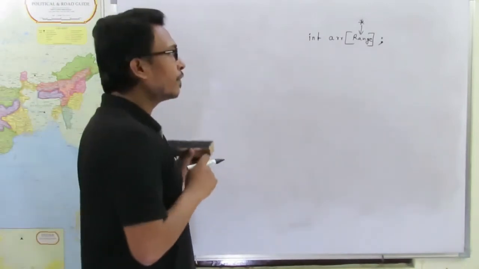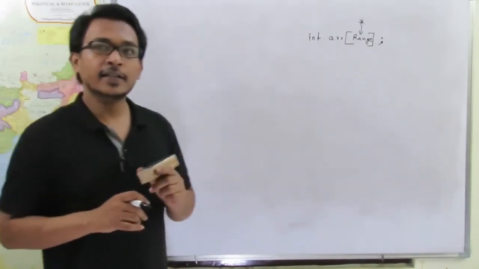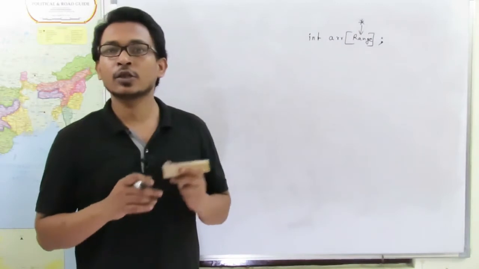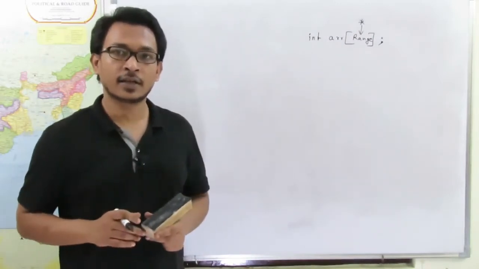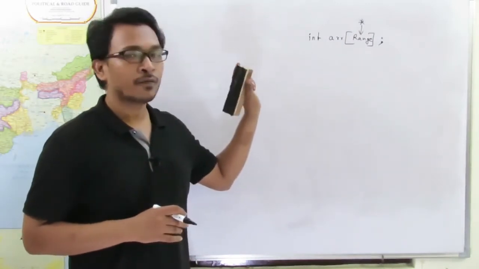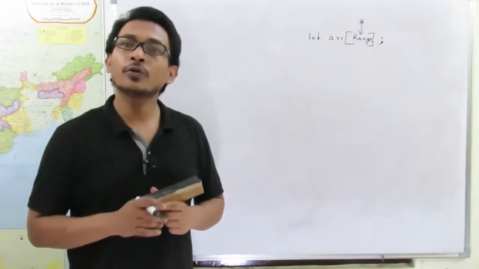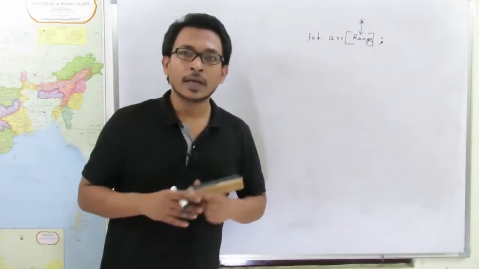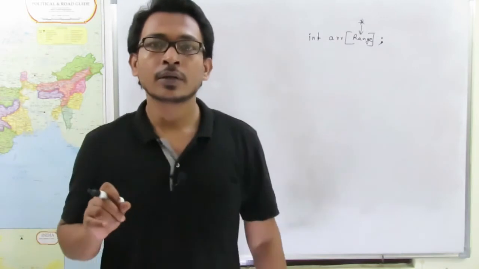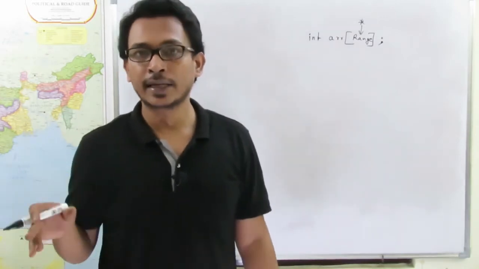Look, if we initialize the array at the time of declaration, it is not mandatory to specify the value of range, but if we are not going to initialize at the time of declaration, then we have to specify the value of range. Clear?